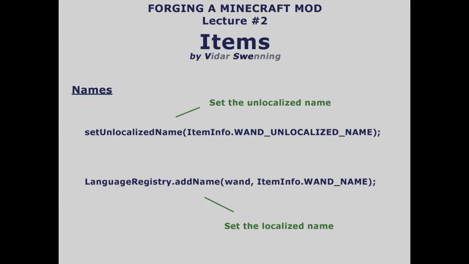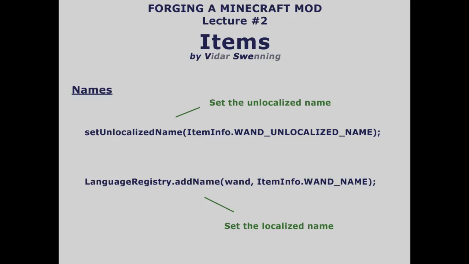Then we wanted to name things. Make sure to set the unlocalized name. If we just have one name, we can simply use setUnlocalizedName and give it this unlocalized name. An unlocalized name is sort of a name ID that we refer to. If we want to have multiple items with different names, they also need different unlocalized names. When we then want to set the name itself, we just do LanguageRegistry.addName, and then we give it the item and the name.